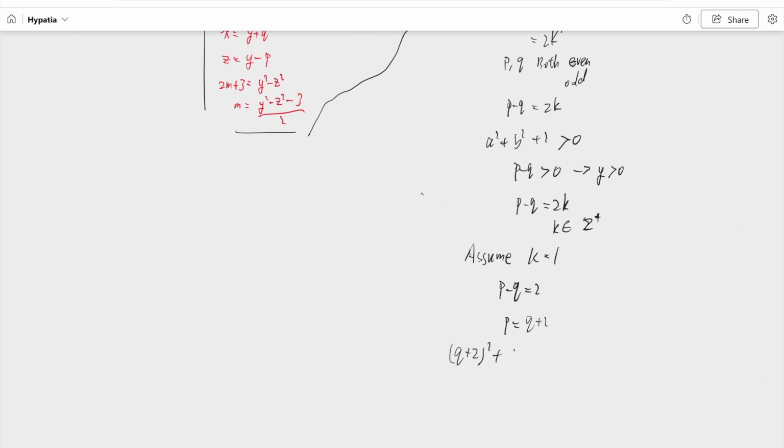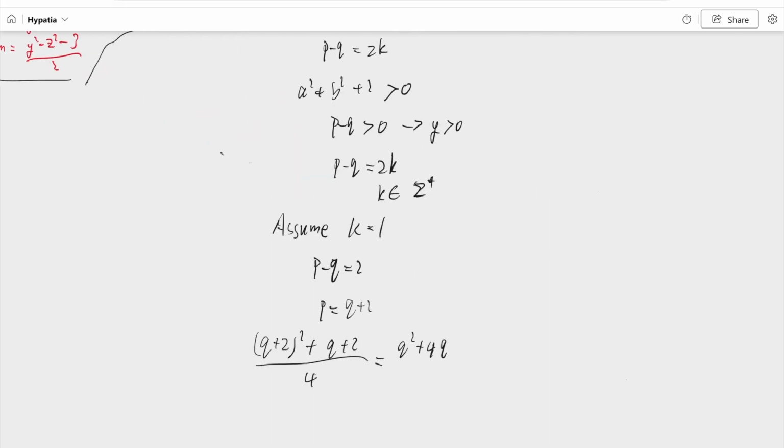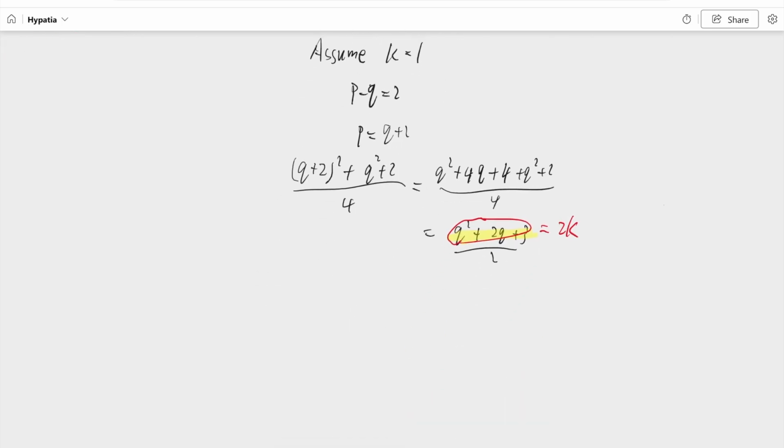Then we substitute the value into y's expression in terms of p and q, and we get q squared plus 4q plus 4 plus q squared plus 2 over 4, which is equal to q squared plus 2q plus 3 over 2. Again, as we can see, q squared plus 2q plus 3 has to be an even number in order to let y be a positive integer.